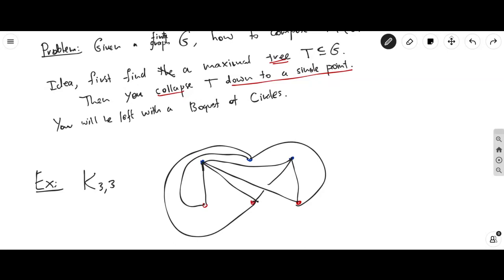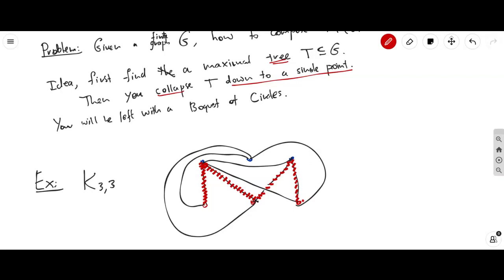So I'm going to go from the blue one, I'm going to go to the red one. And then from the red one, I need different colors. So let's say from the red one, I go to the blue one. Then from the blue one, I go to the red one. From the red one, I go to a blue one. From the blue one, I go back to the red one.